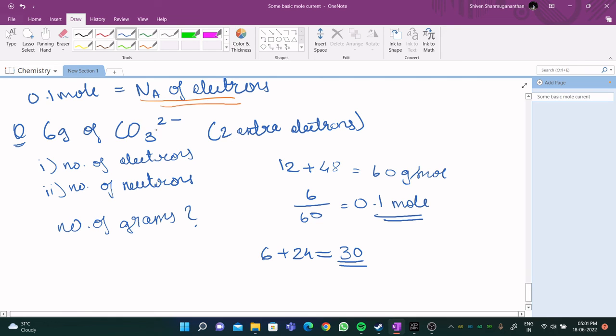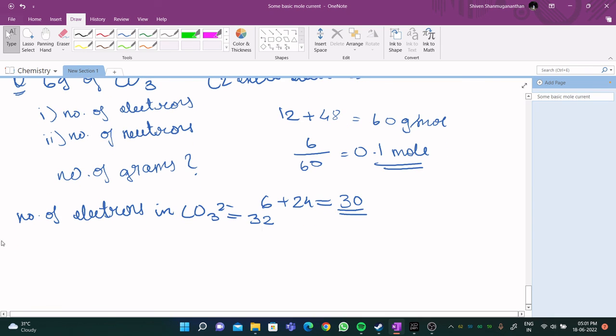But this says 2 minus, right? So number of electrons in CO3 2 minus is equal to 32, because like we saw here, we have two extra electrons. We add that to this and we get 32.